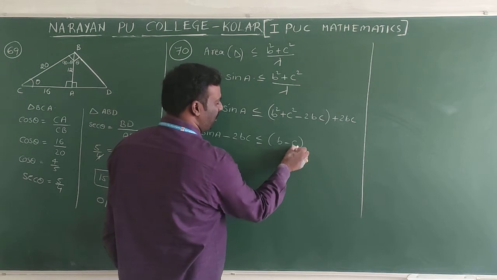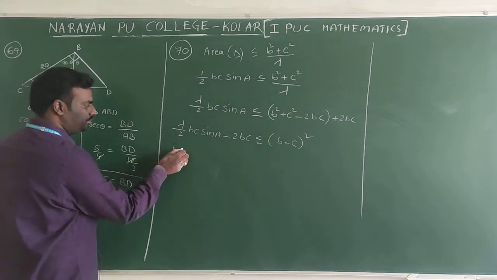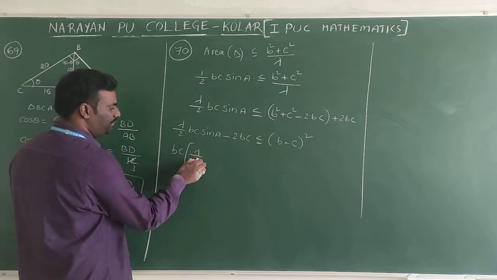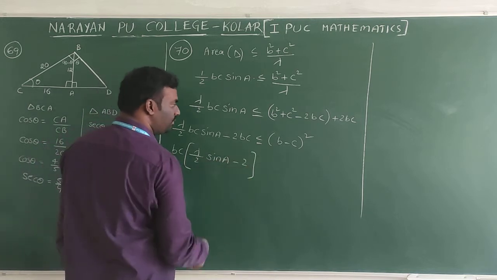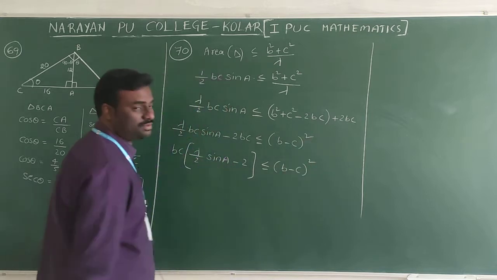I am converting into a perfect square. So here you can write BC common. Okay. Now lambda by 2 sin A minus 2 less than or equal to b minus c whole square.